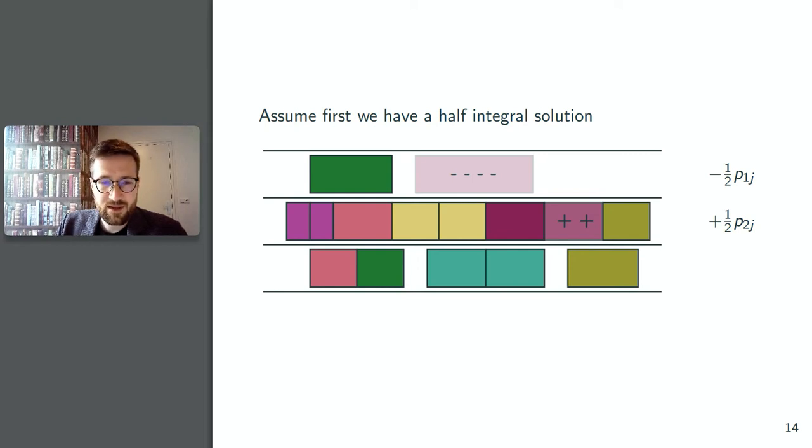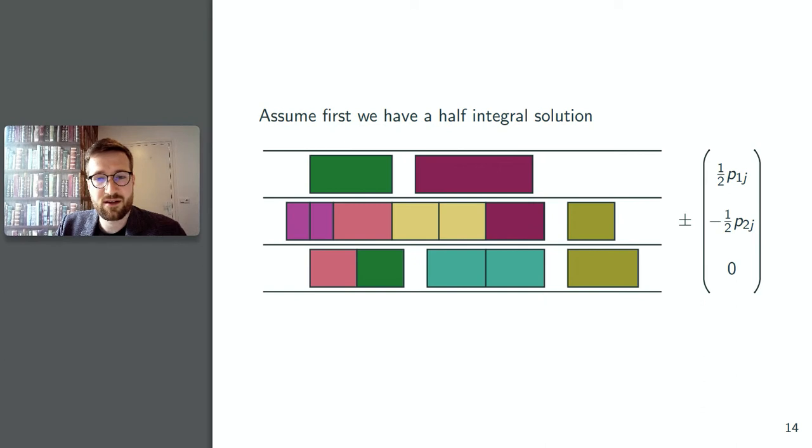So another way to phrase this is we can build up a vector which has a component for every machine. So this vector corresponds to this purple job, and we put a value of 0 in every machine where this job is not currently assigned to, and for the 2 machines where it is half assigned to, we will put in 1/2 of the job's processing time, and one of the 2 components we will negate.